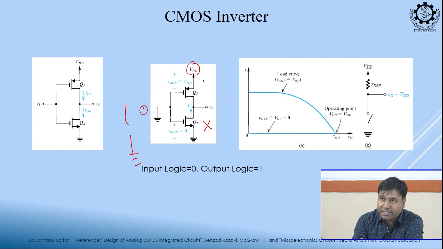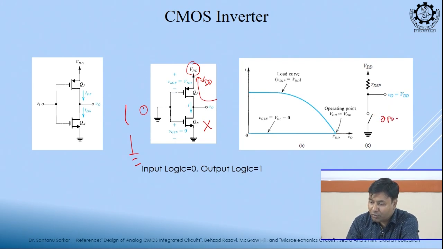What is the VGS? VDD. So, this PMOS is on and it will pull the output to 1. This is open, this PMOS is short. What is the input? 0. What is the output? 1. Is the operation clear?